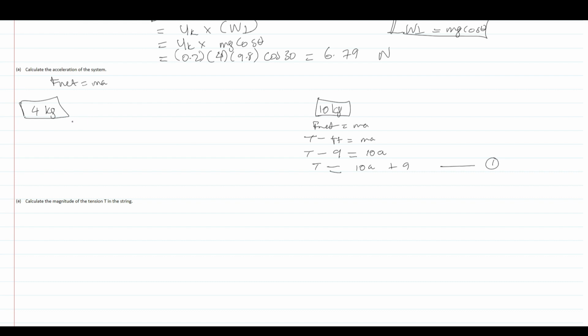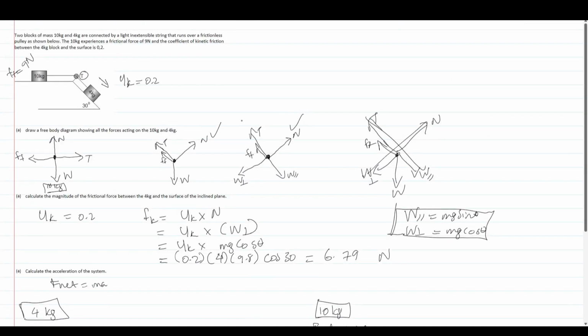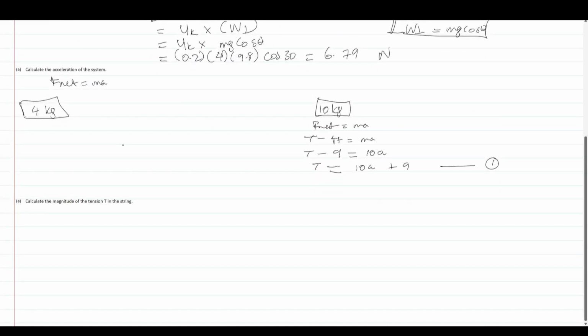And then for the 4 kg block, we have 3 forces that are acting in the direction or in the axis of motion. So we have the W parallel, minus the tension, minus the frictional force, which is calculated. So our F net will be equal to W parallel minus the tension minus the frictional force equals ma. So W parallel is equal to mg sine theta, minus T minus Ff is equal to ma.